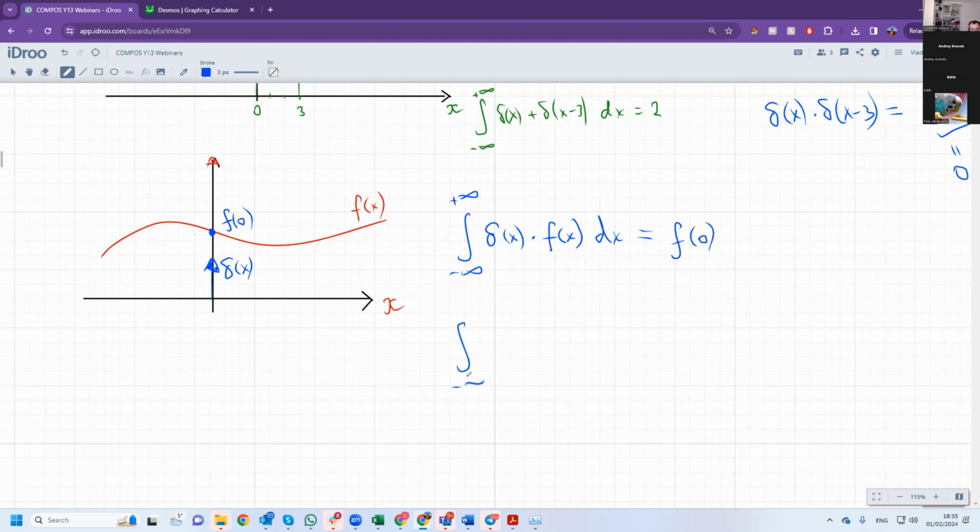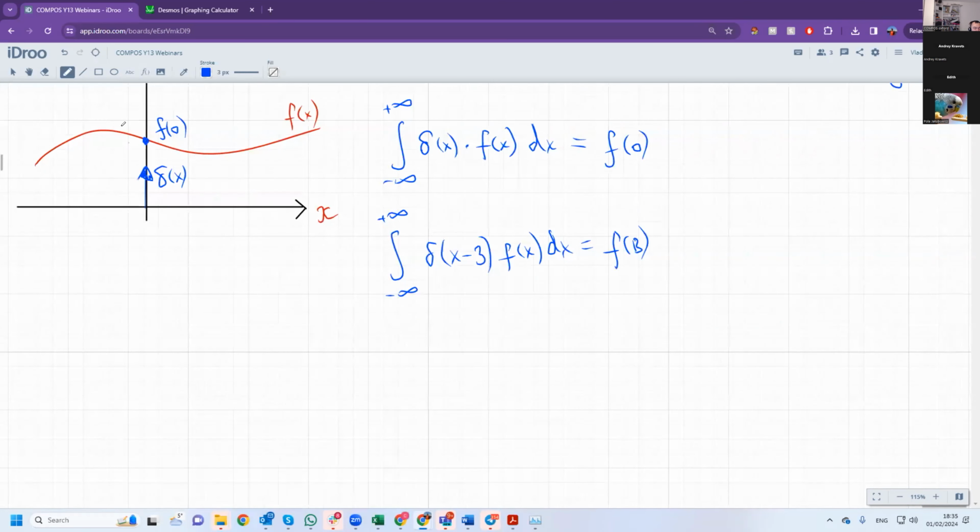If you take the integral from minus infinity to plus infinity of delta x minus 3 times f of x dx, you're going to get f of 3. Well done, of course.